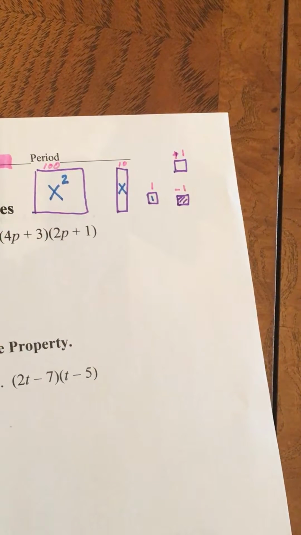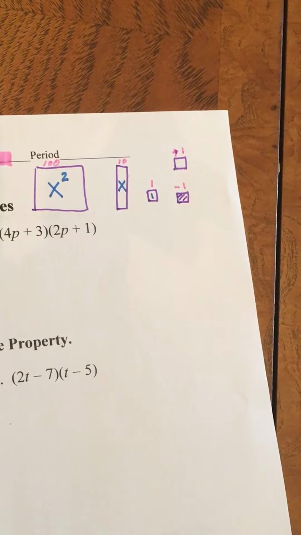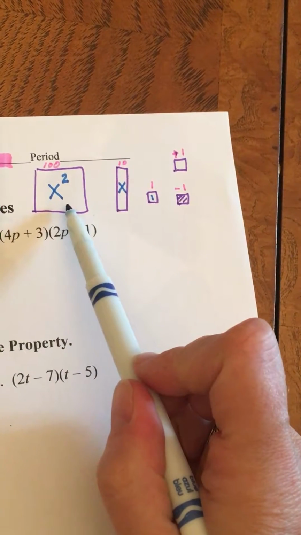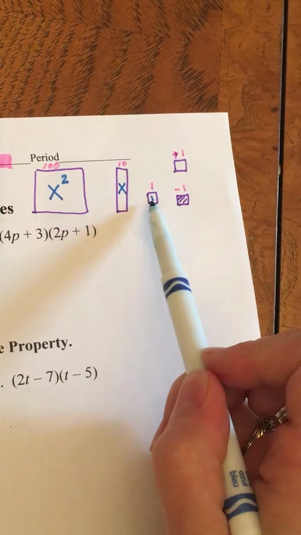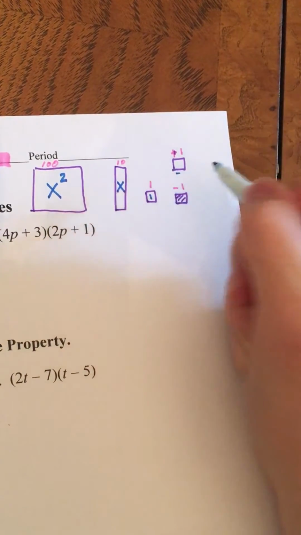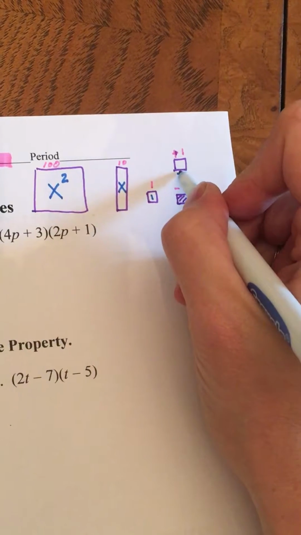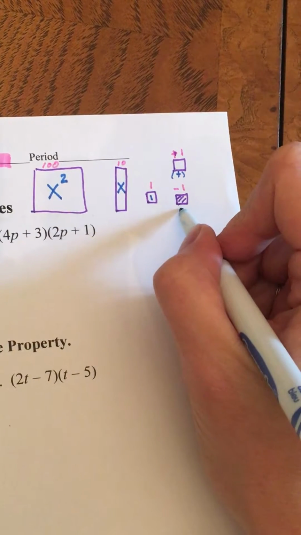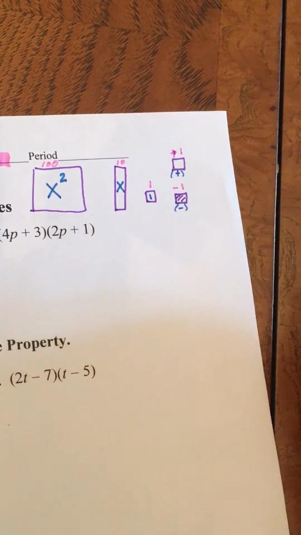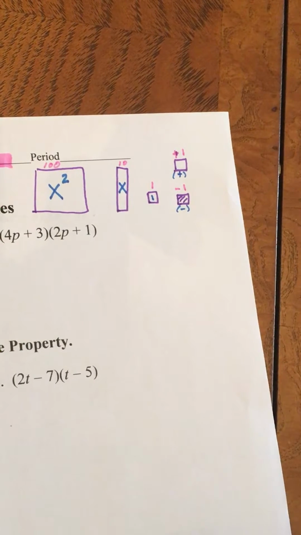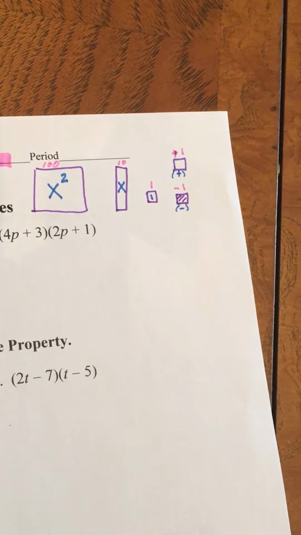And that's going to pretty much be the case here also. That stands for your large x squared, your x, or your individual units. So this will be worth positive whatever it is, and if it is shaded, it will be a negative of whatever it is.